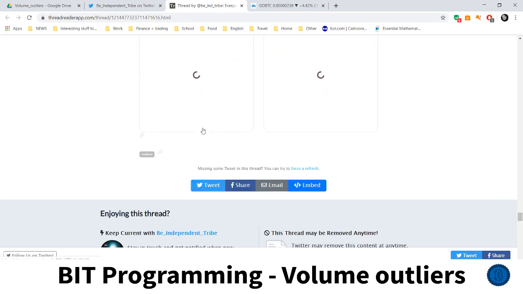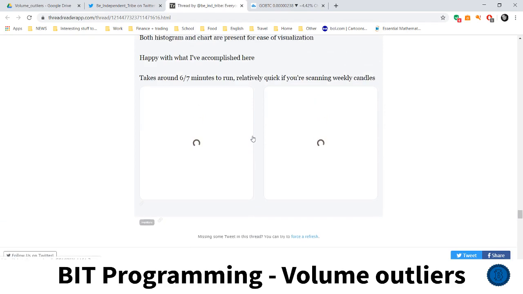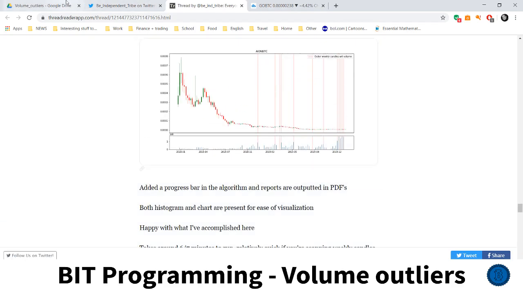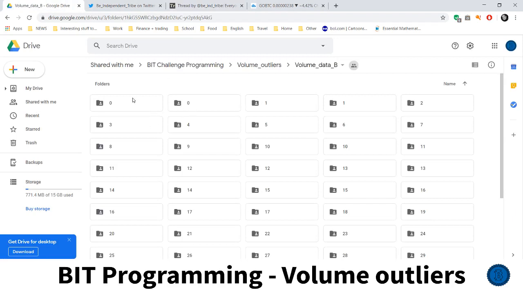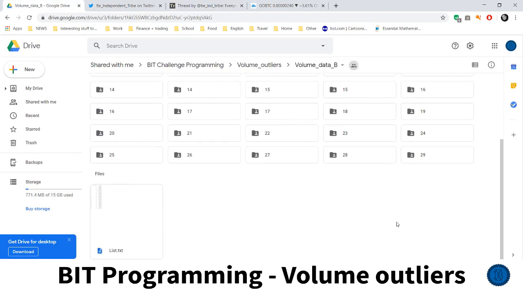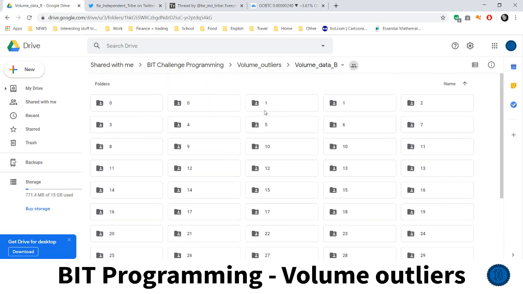And actually, how does it end here? I'm not sure, but let's go into the files here. So this is the volume data versus Bitcoin, and here are the number of outliers. So in case we found one case where the graph showed extreme volume, that would go here.